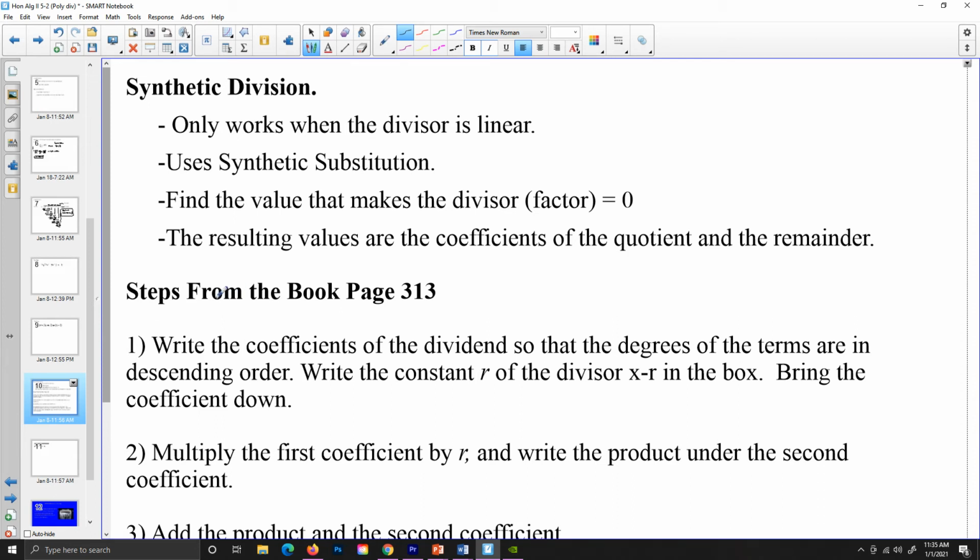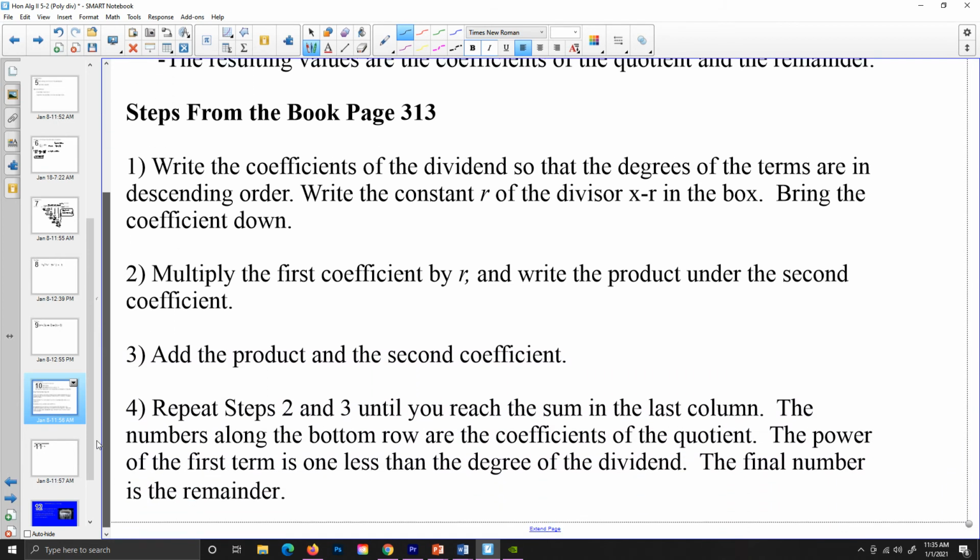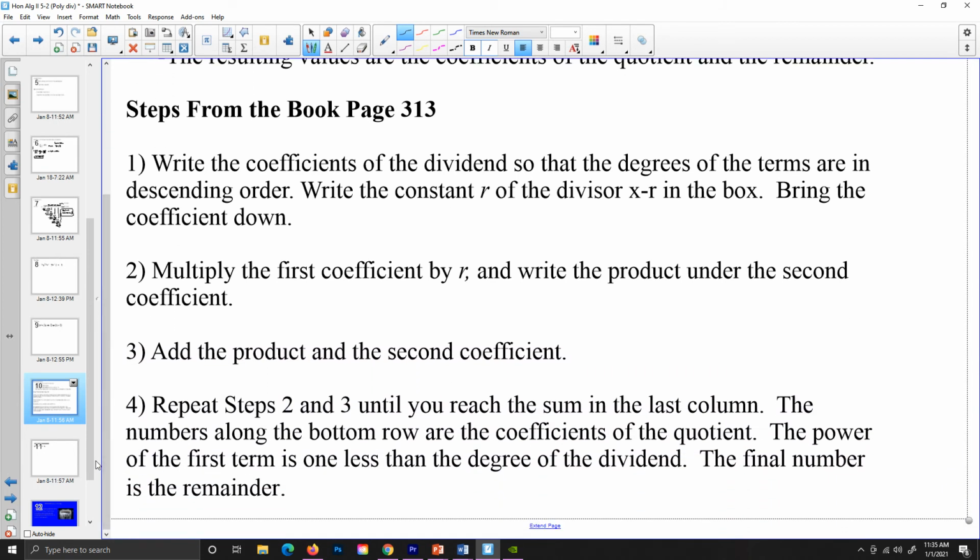So the steps from the book, if you go to your book on page 313, you'll see these steps, and they are as follows. 1, write the coefficients of the dividend so that the degrees of the terms are in descending order. Write the constant r of the divisor, x minus r, in the box and bring the first coefficient down.